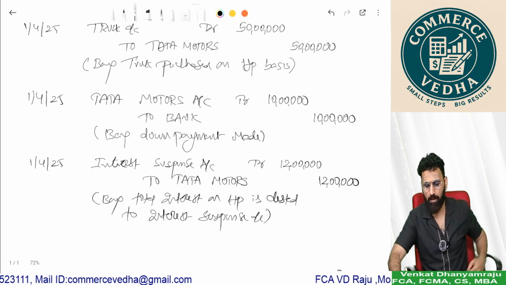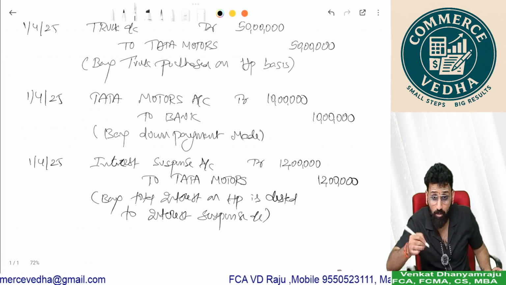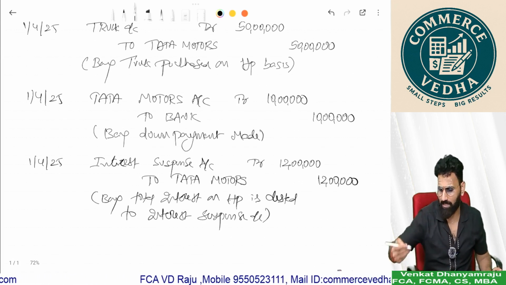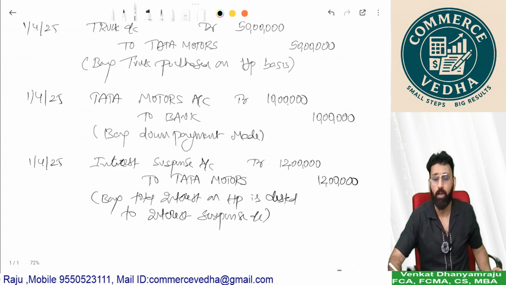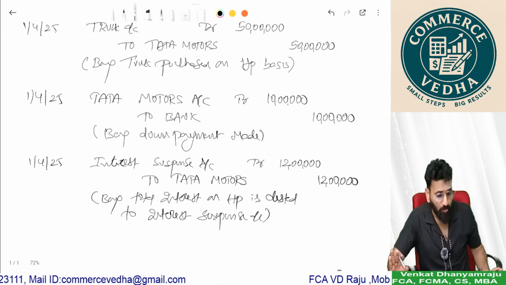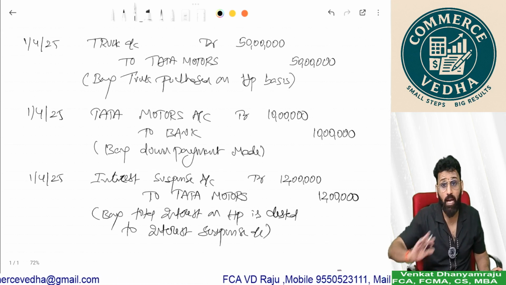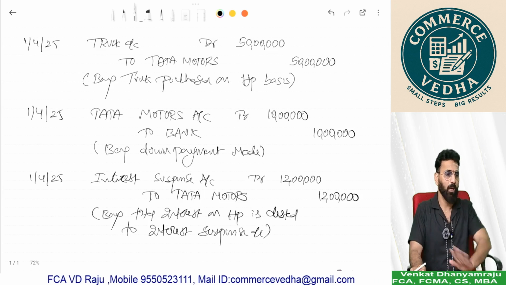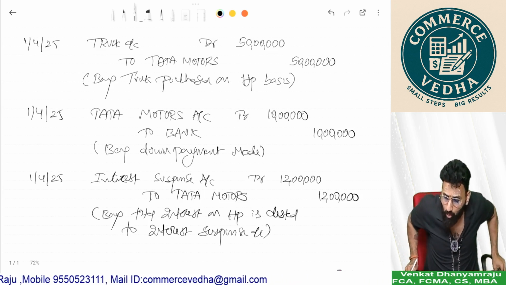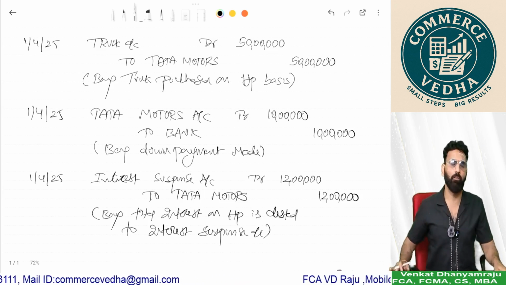So here what happened, your total Tata Motors payable now is 40 plus 12, 50 minus 10 plus 12 becomes 52 lakhs. So you are showing the entire payable to Tata Motors at the beginning of the year. In the previous question, we only showed 40 lakhs at the beginning of the year.